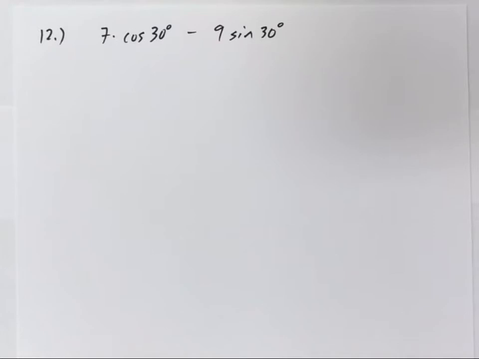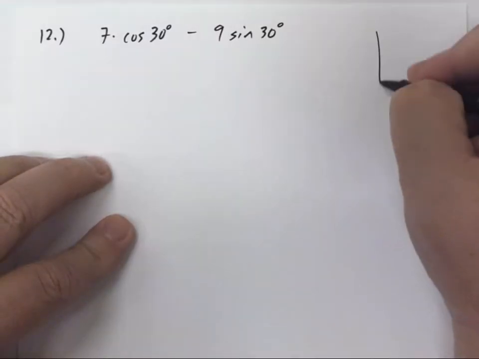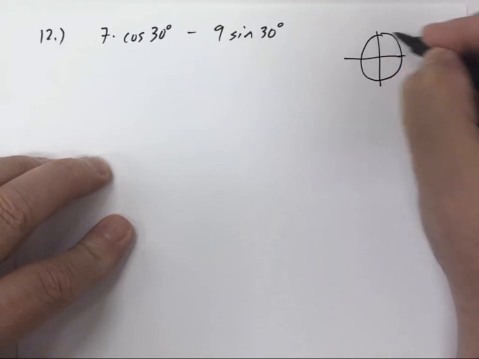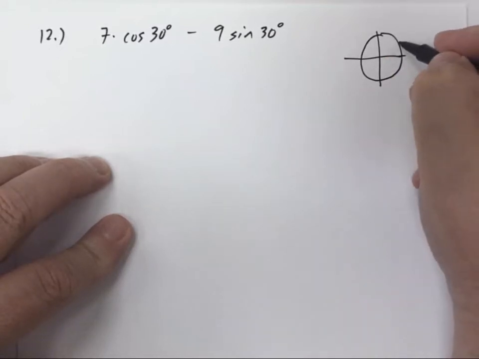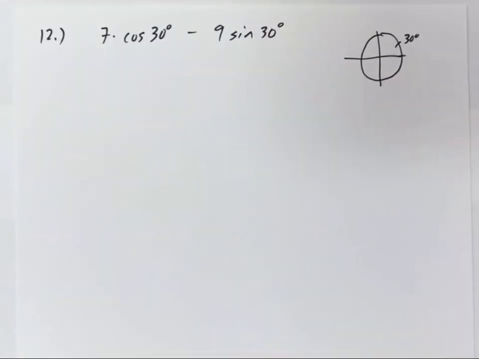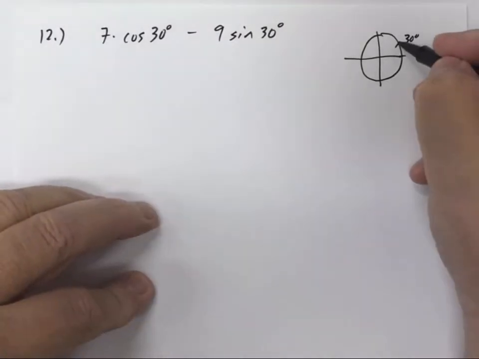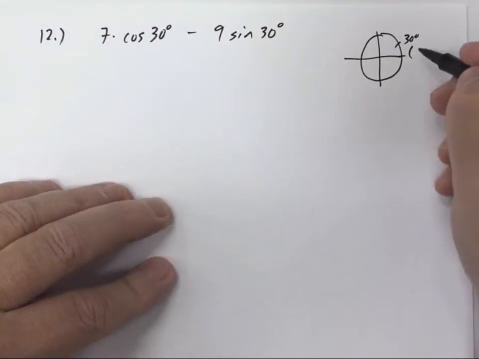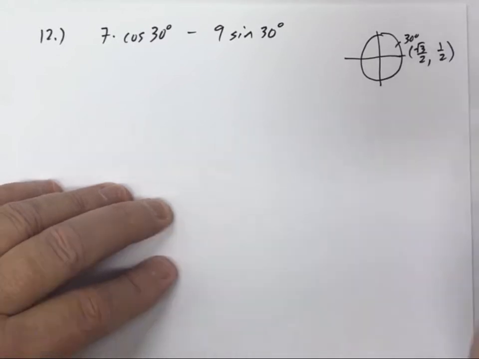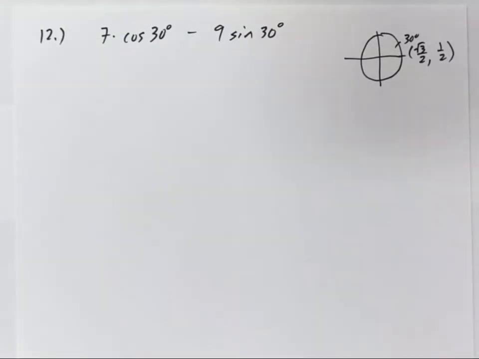I can think about the unit circle. 30 degrees is my first angle here. And what's the x and the y of this point on the unit circle? The x is square root of 3 over 2. The y is 1/2. Okay, I have that memorized. You need to have it memorized before you take the test.